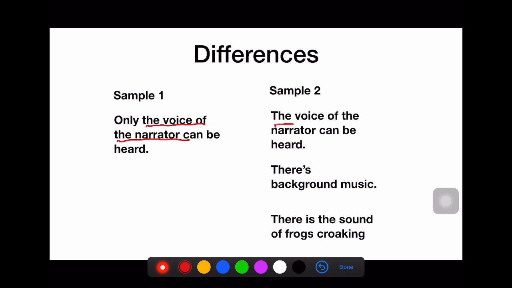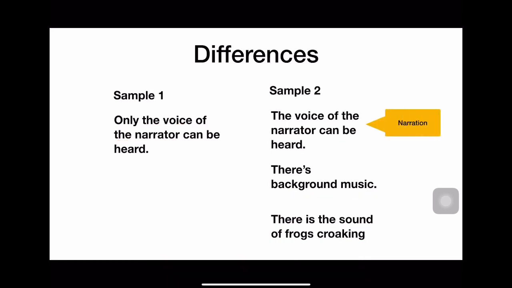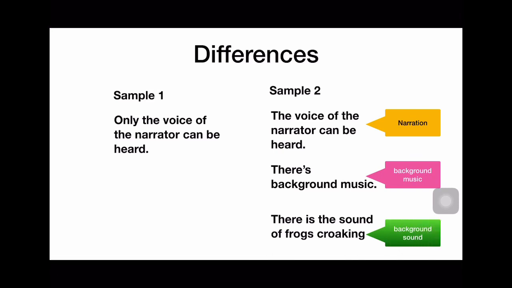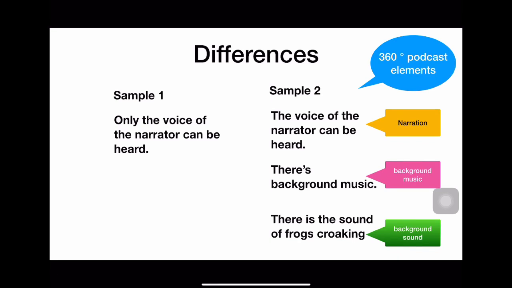One is the voice of the narrator, the next one is background music, and the other one will be the sound of frogs croaking. So the first element is narration, the second element is the background music, and the third element is the background sound. When you have all these three elements, this is what we call a 360 degrees podcast.